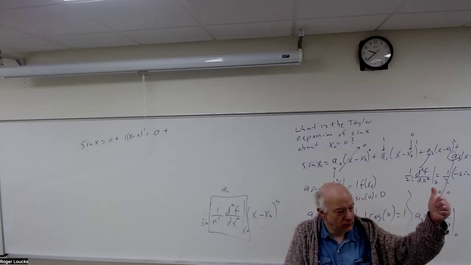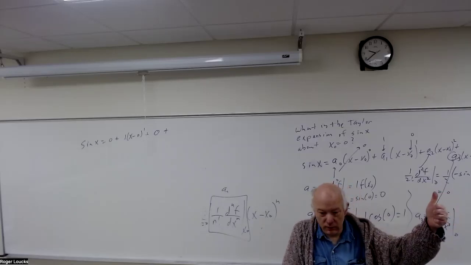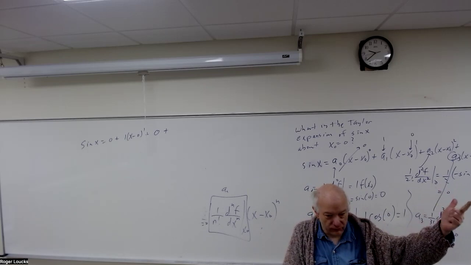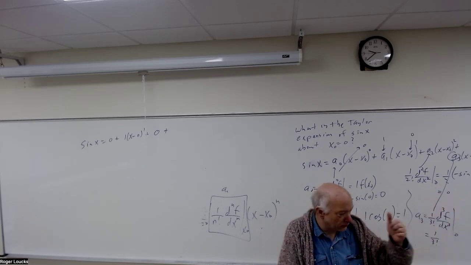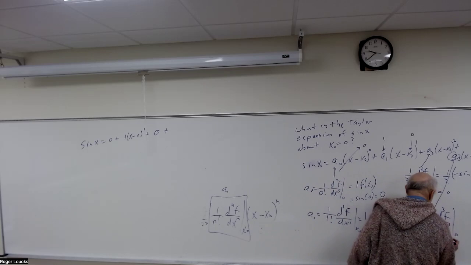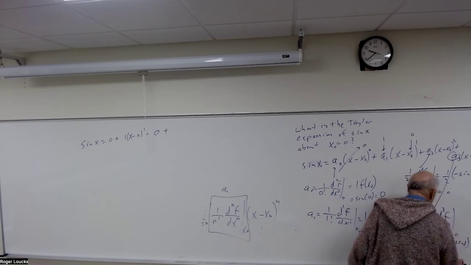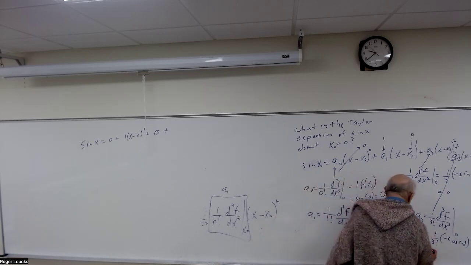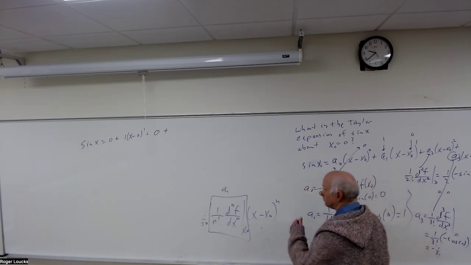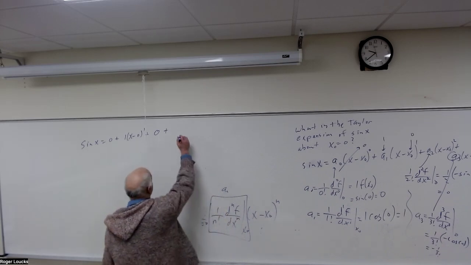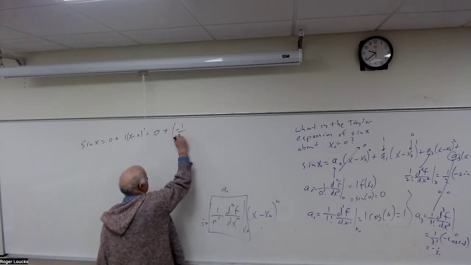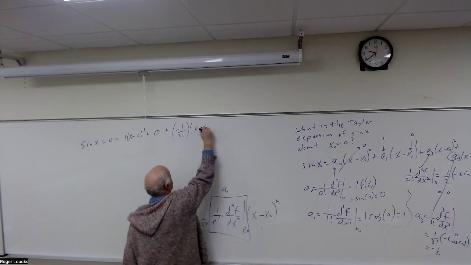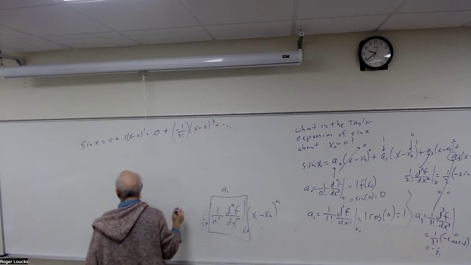First derivative is cosine. Second derivative is minus sine. Third is minus cosine. Cosine at 0 is 1. So this is minus 1 over 3 factorial times x minus 0 cubed, and then plus dot, dot, dot.